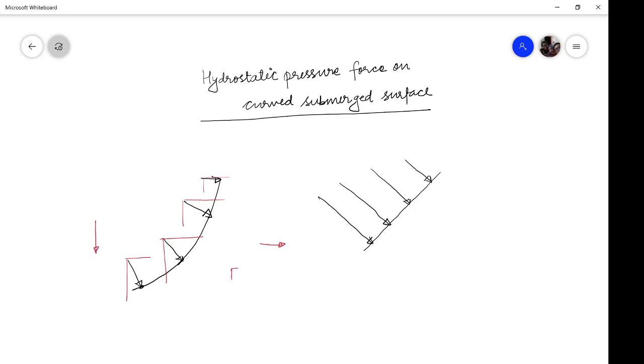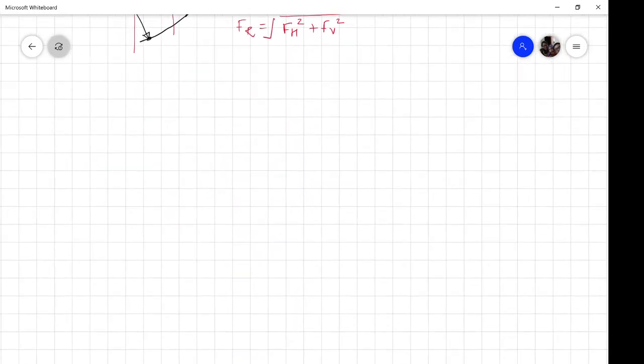To find the resultant, with this being horizontal and this vertical, take horizontal squared plus vertical squared. This is the strategy normally followed to evaluate the resultant hydrostatic pressure force on any curved surface.